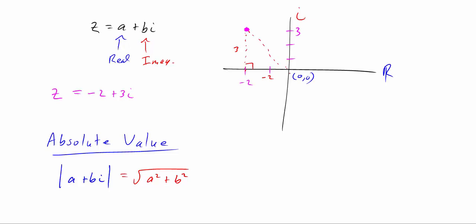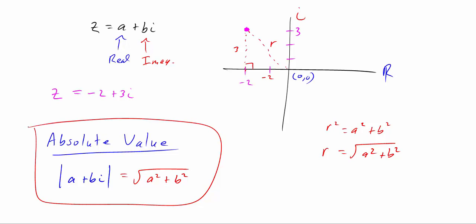We can certainly just take the Pythagorean Theorem. So again, r squared equals a squared plus b squared. That means r is going to equal the square root of a squared plus b squared, and that's going to find this value here, which is the absolute value.